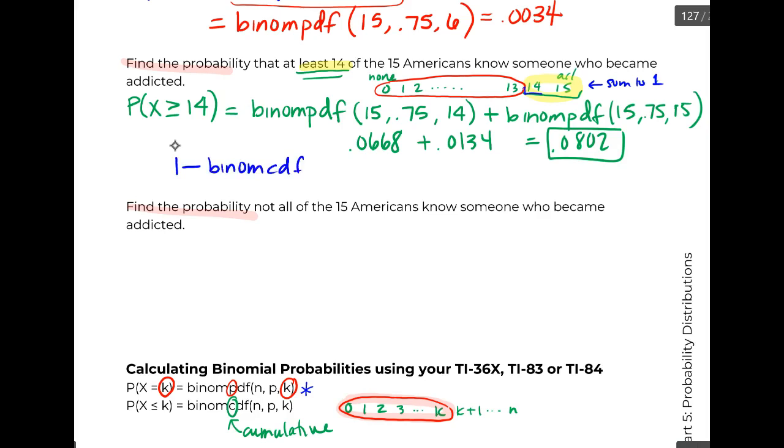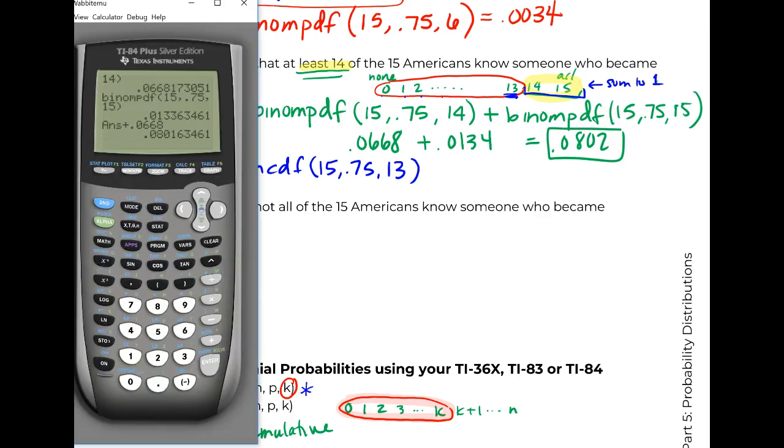But since I want the other side, I'm going to do 1 minus, and then my CDF up until 13. Because CDF up until 13 is going to add up 0, 1, 2, 3, all these things up till 13. And then if I subtract them from 1, I'll get the other portion of this little list of values.